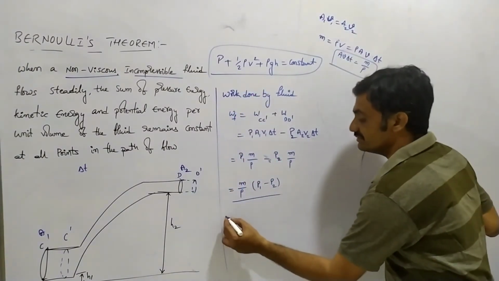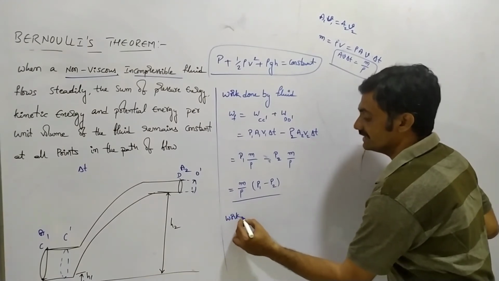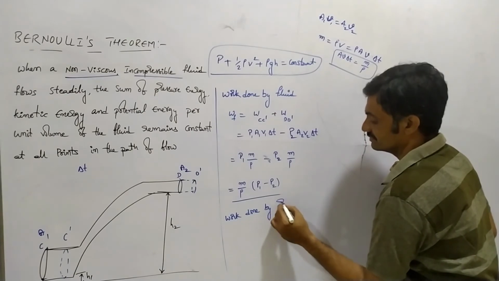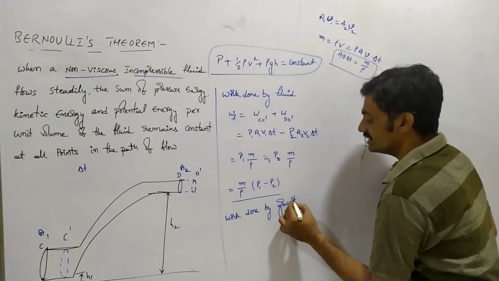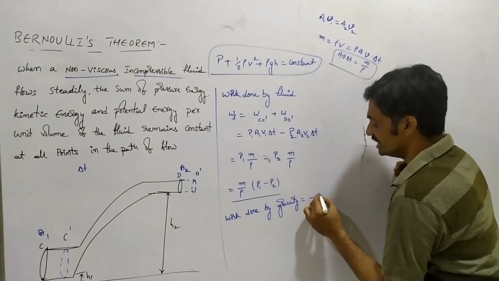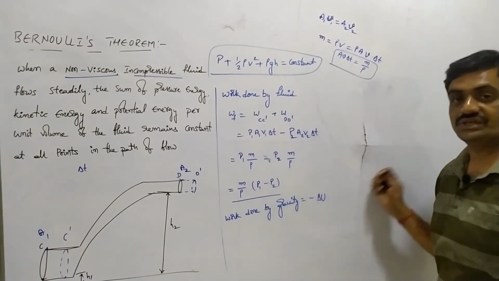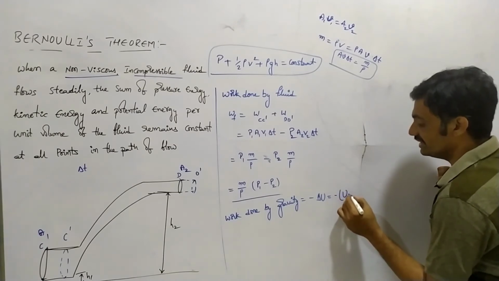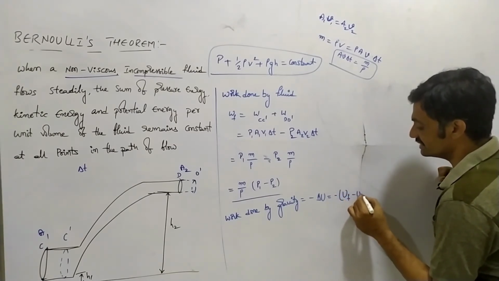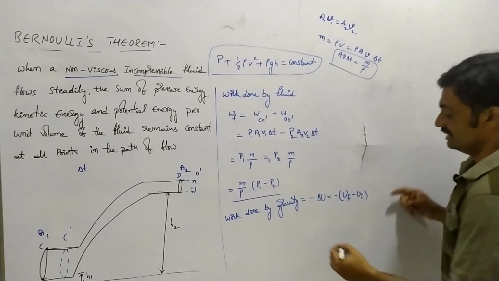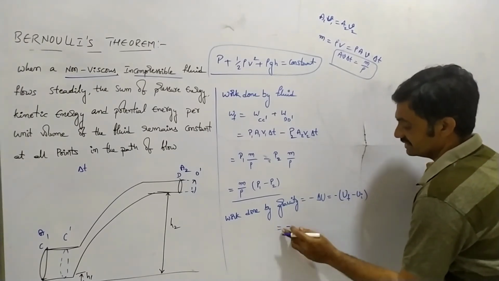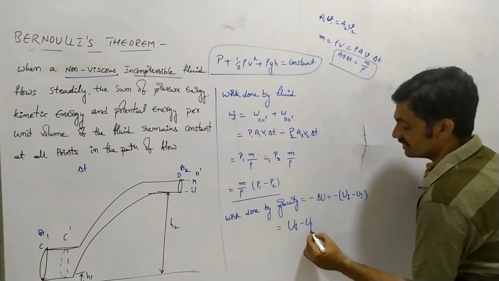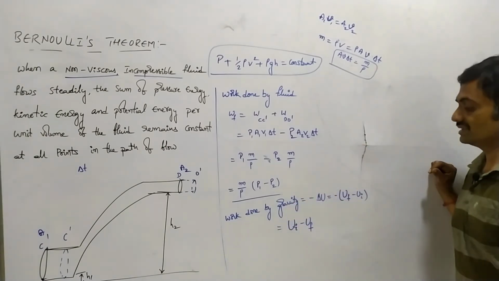Now we have to represent work done by gravity. We know that work done by gravity is equal to negative change in potential energy, nothing but minus of final potential energy minus initial potential energy. Then the expression can be represented as initial potential energy minus final potential energy.